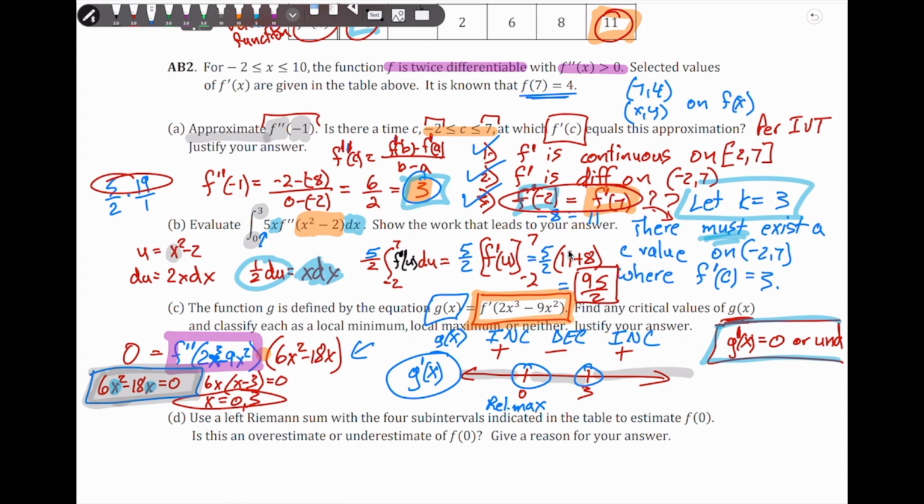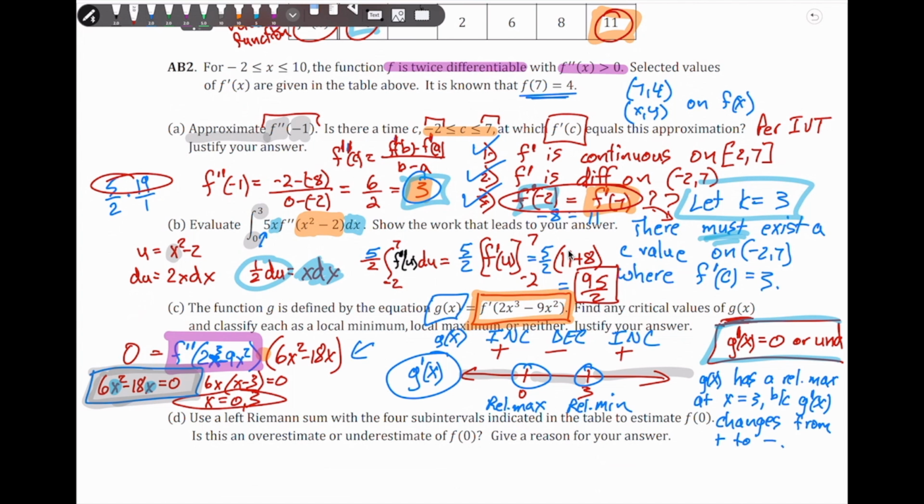And then decreasing to increasing means there's going to be a relative min at x is equal to 3. Okay, so the way we're going to word that is we're going to say g of x has a relative max at x is equal to 3 because g prime of x changes from positive to negative.